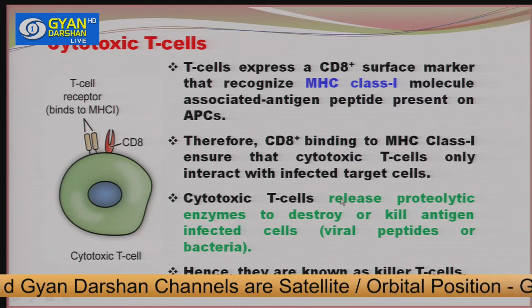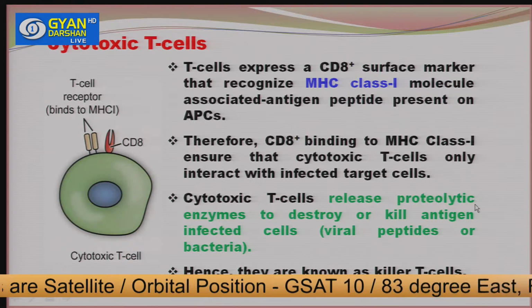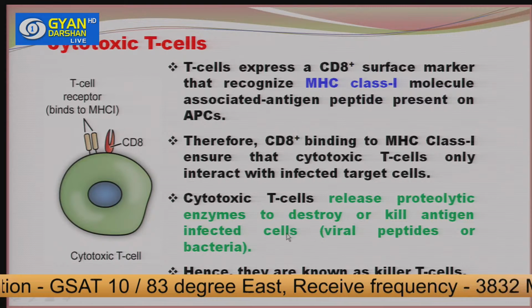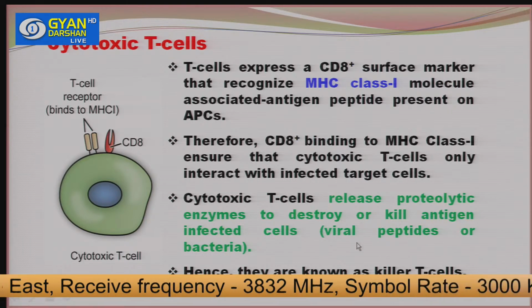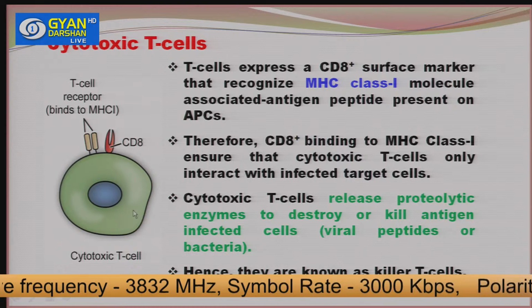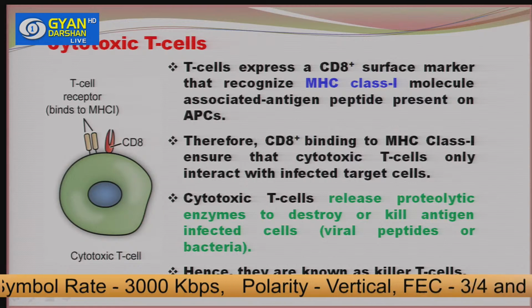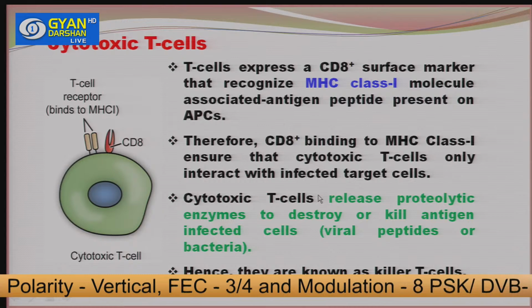The cytotoxic T cell is able to release proteolytic enzymes to destroy and kill the antigen-infected cells, whether viral peptides or bacterial peptides. Hence they are known as killer T cells or cytotoxic T cells.